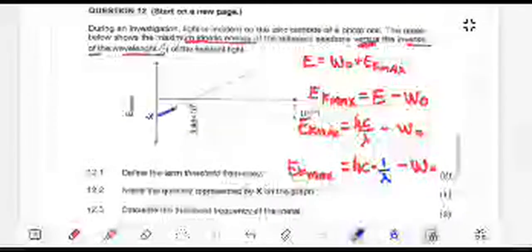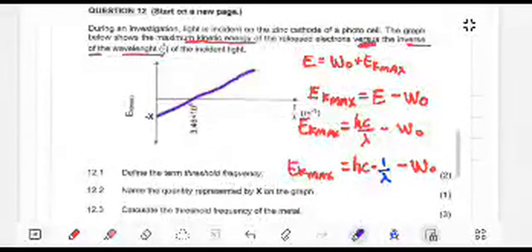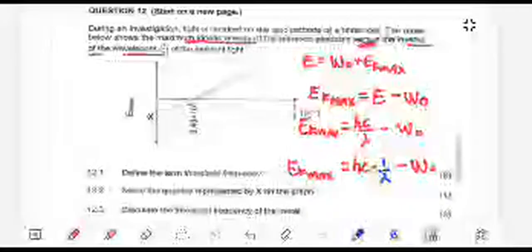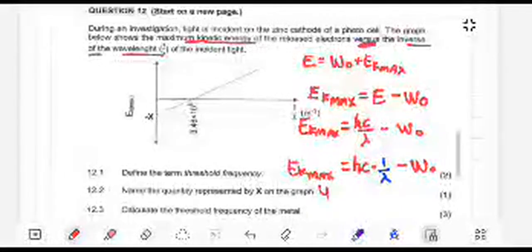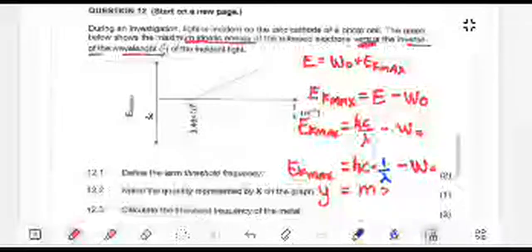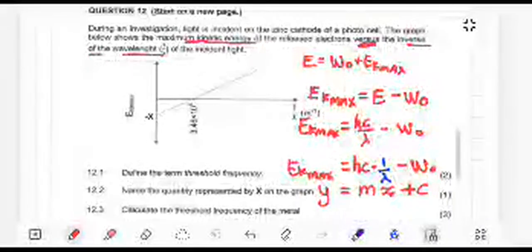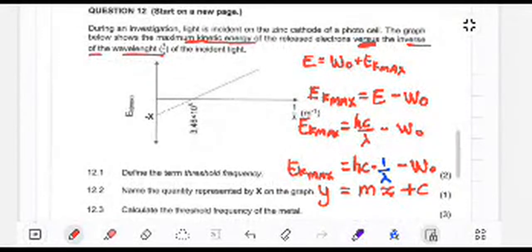Now I check the graph. The function they gave us is a straight line, it's a linear function. A linear function has the format y equals mx plus c.